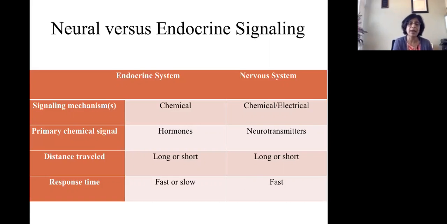So it can be fast or slow for endocrine glands, whereas for the nervous system, it's typically very, very quick. Action potential, as you know, is generated in milliseconds, and that triggers the release of neurotransmitters that are already there within the synaptic knob. So it's a quick release and therefore a quick response.